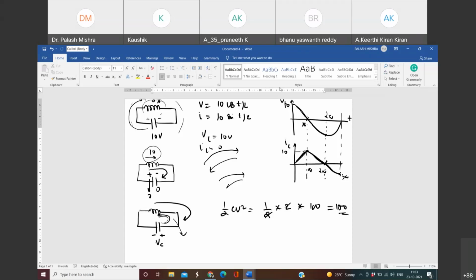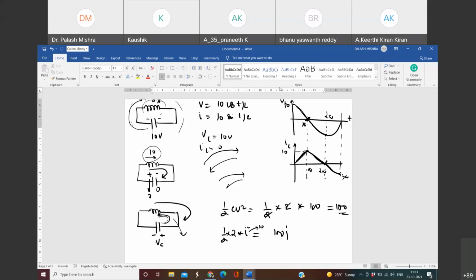Suppose you are calculating the energy at t equals pi. The current I will be 10. Half L i square, where L is again 2 and i square is 10 square, again it will be 100 joules.